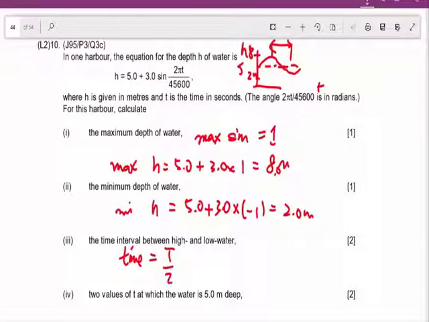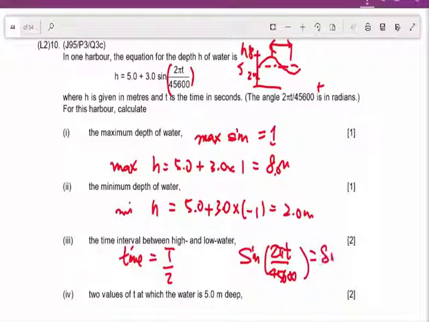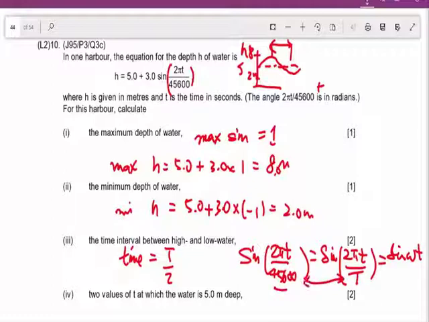And if you look at the equation given above, this is sine omega t, where omega is 2 pi divided by capital T. The equation has sine of 2 pi t divided by 45600. If you compare, you find that the capital T, the period, is 45600.